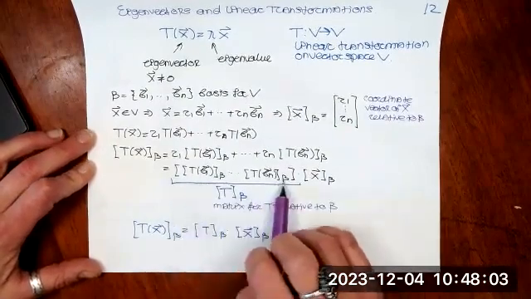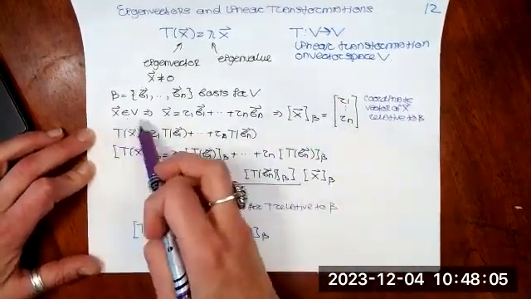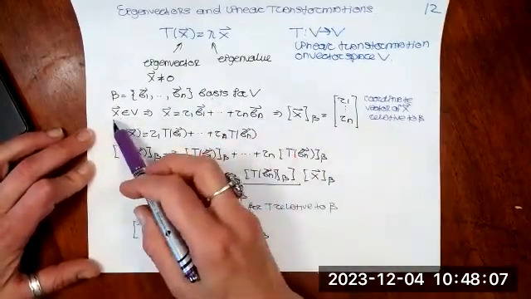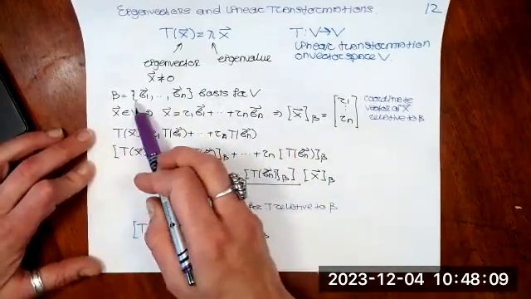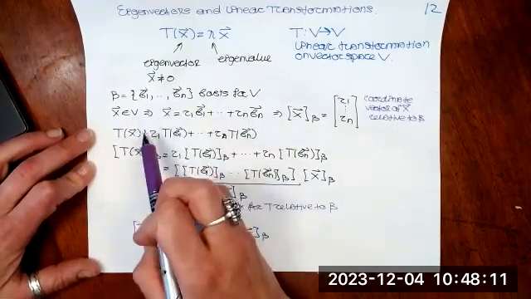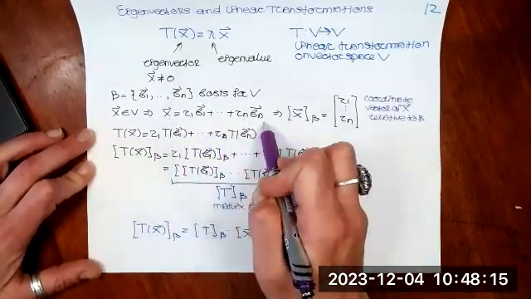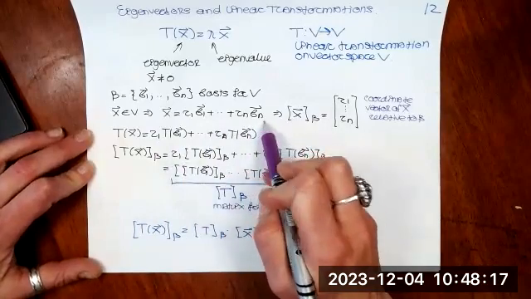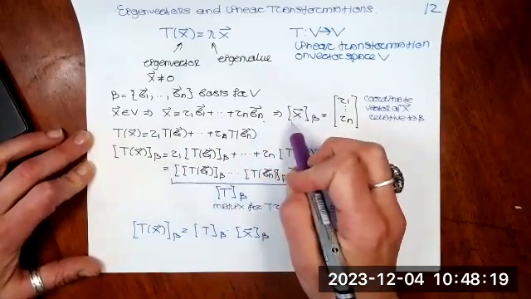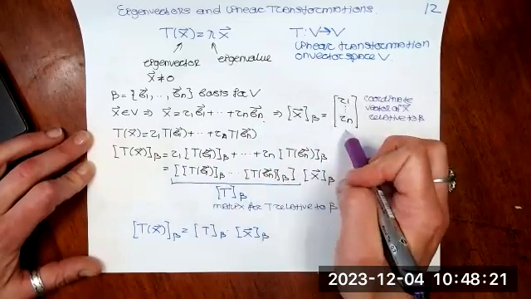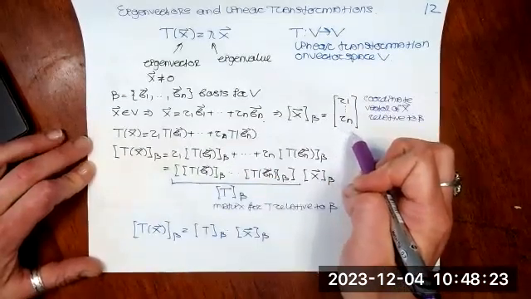To remember this better, you can go from the start. If x is in V and the b's are my basis for V, then I can express x as a linear combination of those basis vectors. So my coordinate vector beta of x is just those weights r1 through rn.